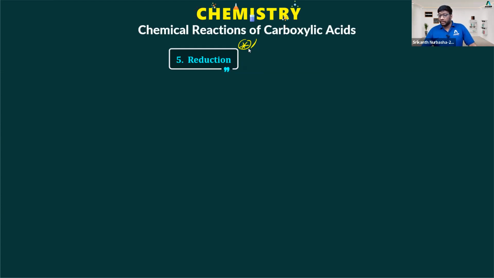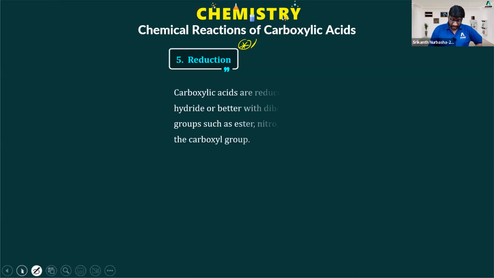NaBH4 can only reduce aldehyde, ketone, acid halide, and imine. H2 in the presence of a metal catalyst can reduce all polar and non-polar groups except carboxylic acid. For carboxylic acid reduction, H2 with metal catalyst is not used. We can use LiAlH4 or you can also use B2H6, diborane.